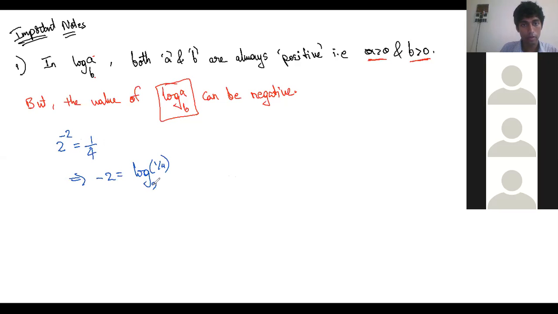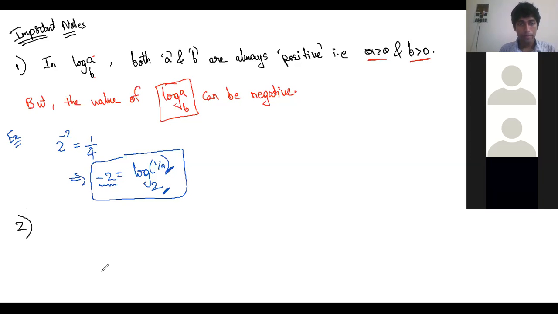So in this example, 1/4 is positive and 2 is positive, so there is no problem, but when you find the logarithm, log 1/4 to the base 2 turns out to be minus 2. Is the example clear? Fine. Yes, sir. Next point.